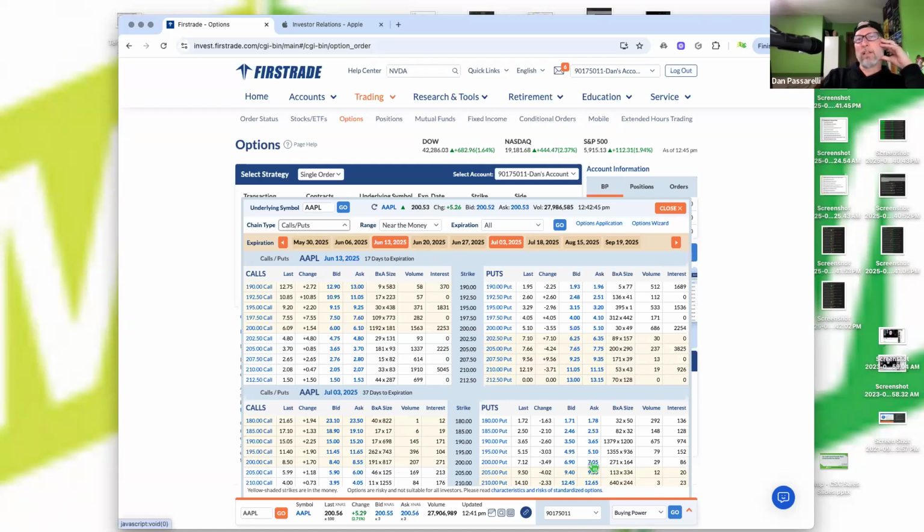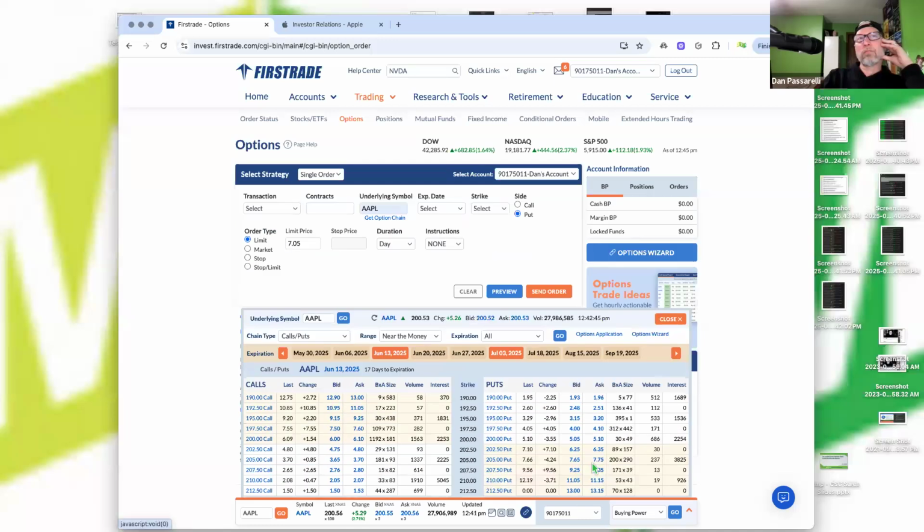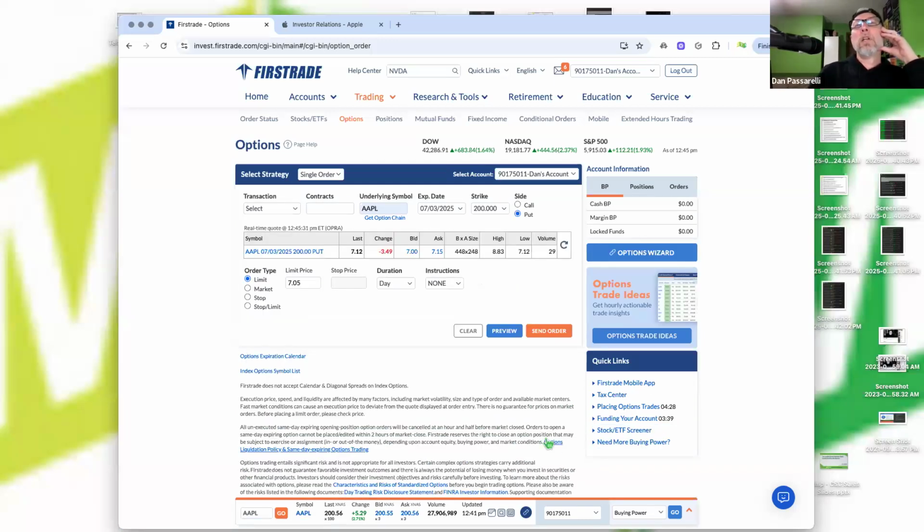We'll make the math easier. $15.50. So we pay a little bit more, but we will lose less.